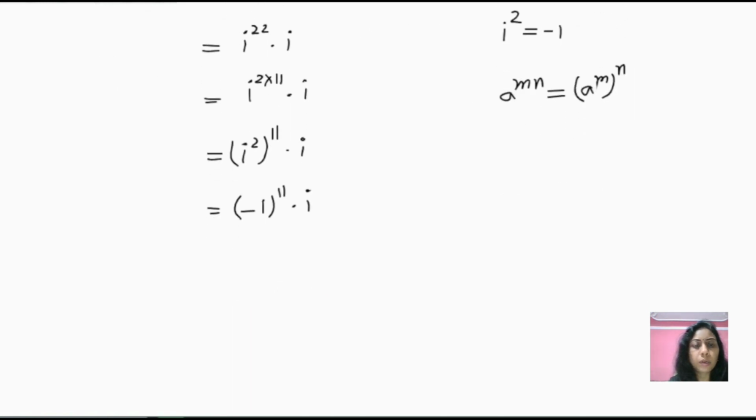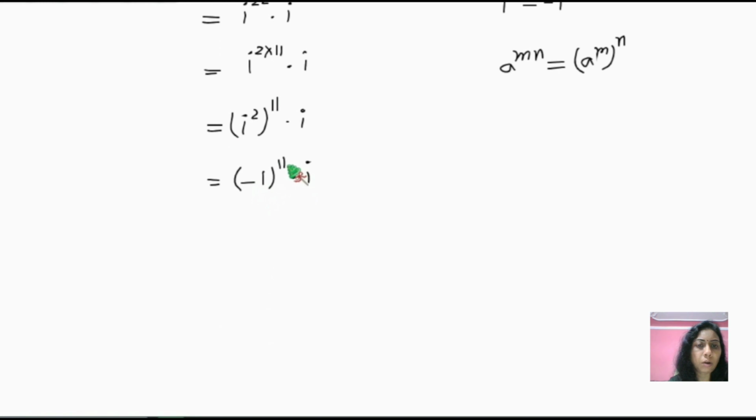And do you know, if a negative number is raised to an odd power, the answer is negative, and if the power is even, the answer is positive. So here negative 1, and this i. So this is our final answer: i to the power 23 equals minus i.